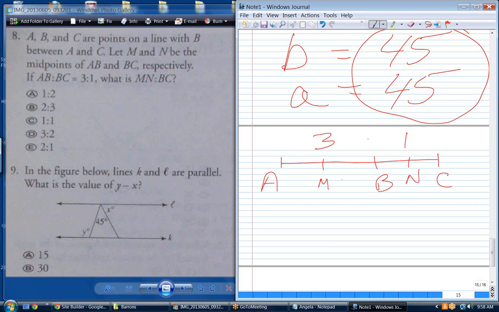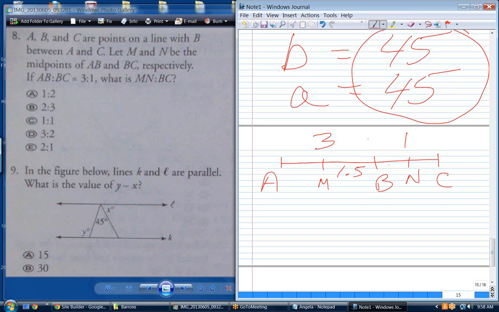Okay. Now what is MB, since M bisects AB? Well, first of all, let's figure out MB because it's easy. M bisects AB? Yeah, 1.5. Okay. And what's NB? So I guess I could have picked better numbers. No, not really. This will work just fine. I mean, you could have picked 6 and 2, but that's okay.